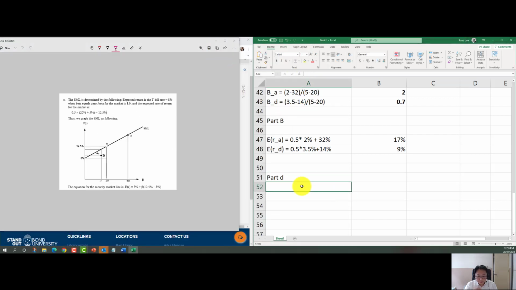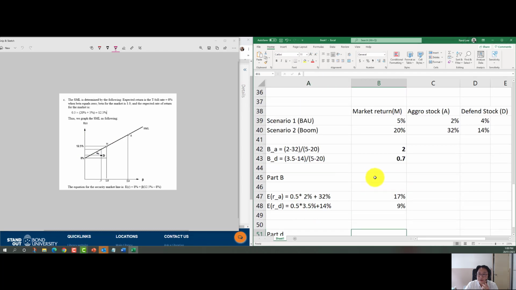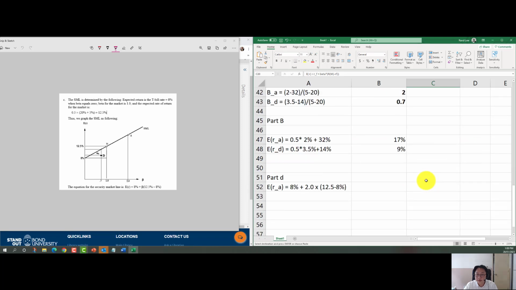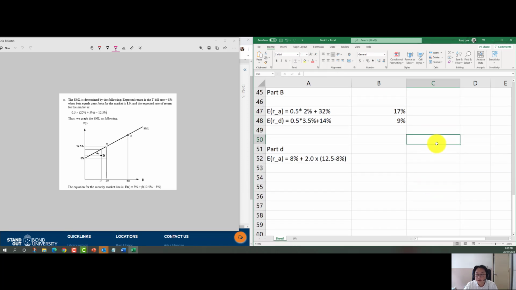What we need to do is find out the expected return of RA, and that will be 8% plus 2.0 times 12.5 minus 8%. So we have the risk-free rate plus the beta times the market risk premium, which is the expected return in the market minus 8%. Remember, this is the formula that we have.